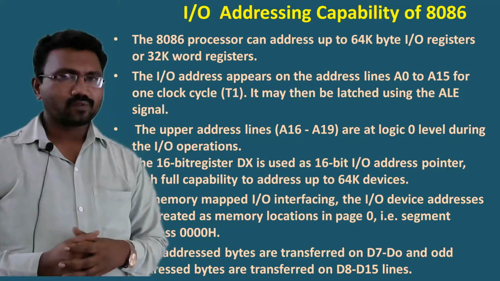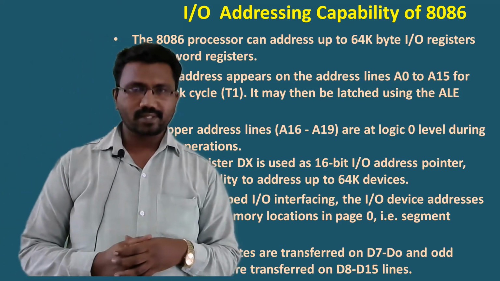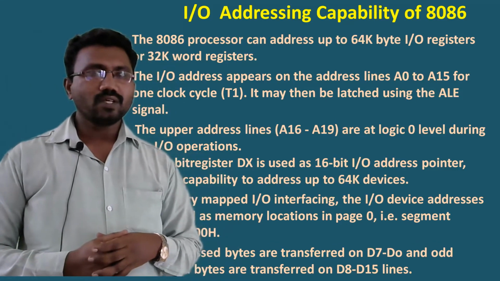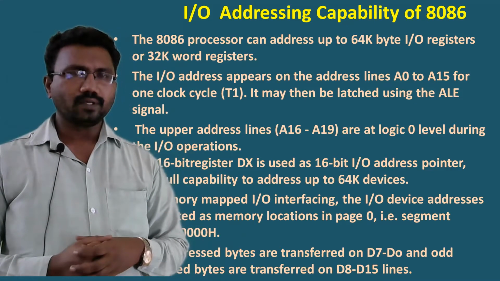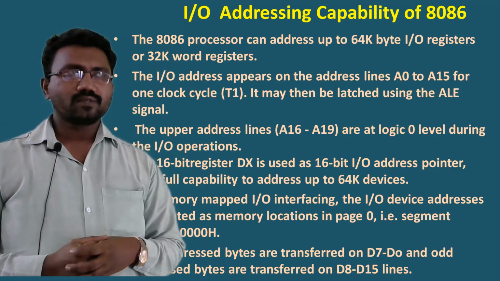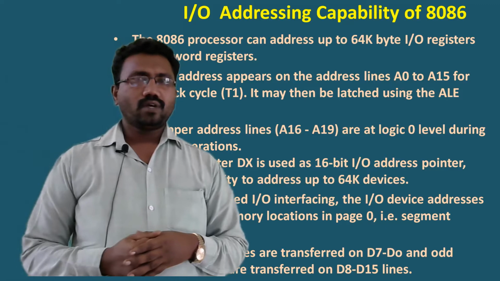From your exam point of view also: what is the memory address space and I/O address space of 8086? The memory address space of the 8086 processor is 1 MB, and the I/O address space of the 8086 is 64K.